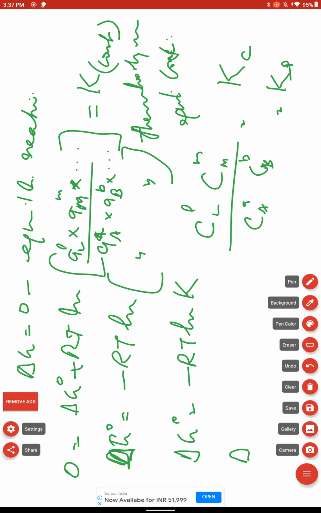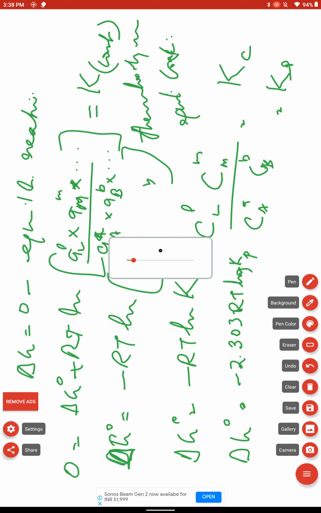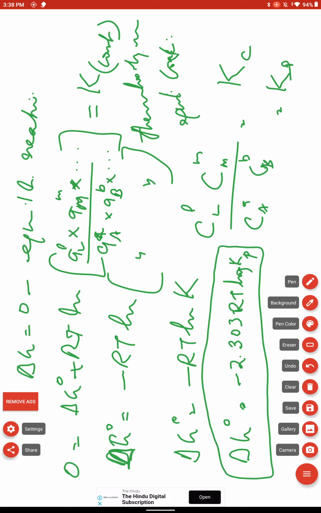We can write in terms of a logarithmic term, that is delta G0 is equal to minus 2.303 RT log Kp. Okay, so this is the equation, delta G0 is equal to minus 2.303 RT log Kp.